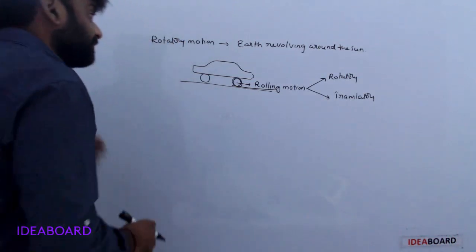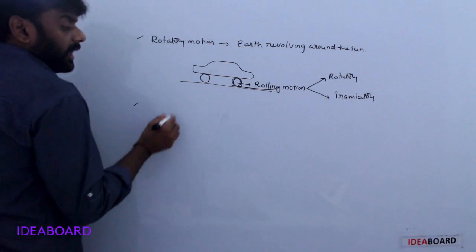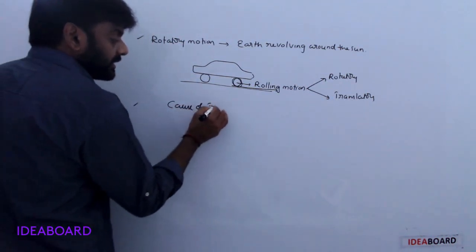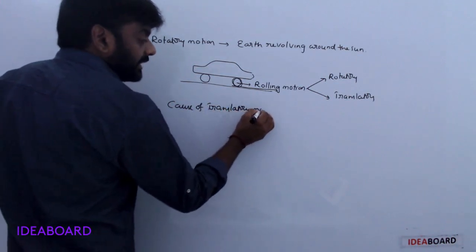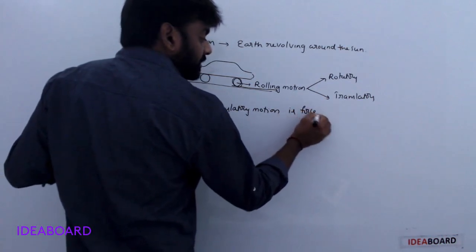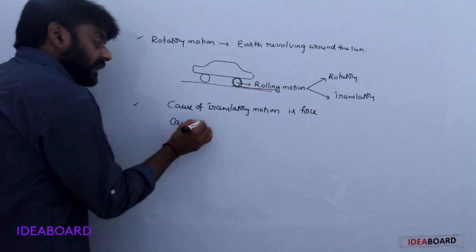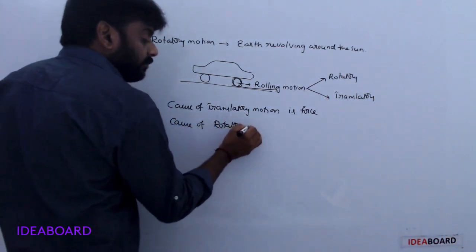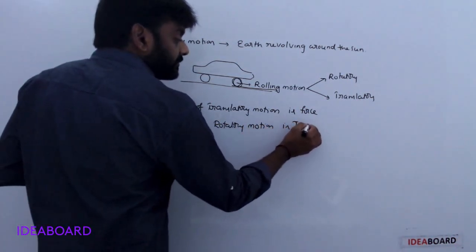Okay, next. Cause of translatory motion is force. Like that, cause of rotatory motion is torque.